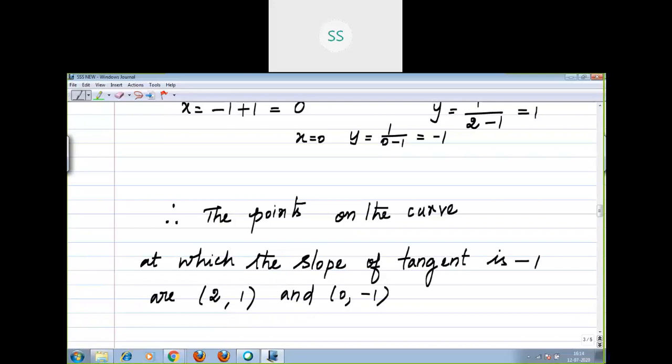Using the points, you are going to find out the equation of the tangent.